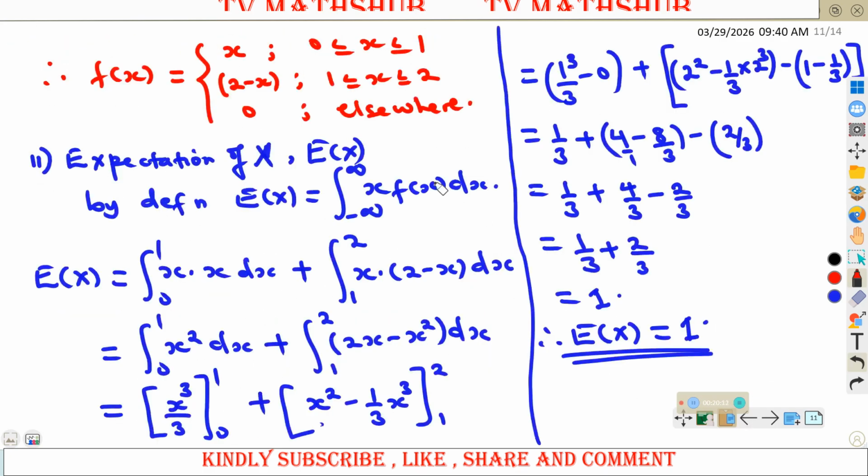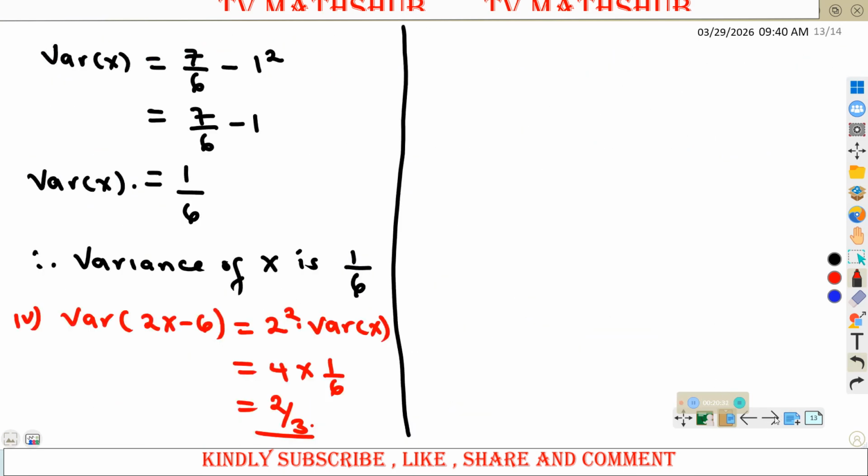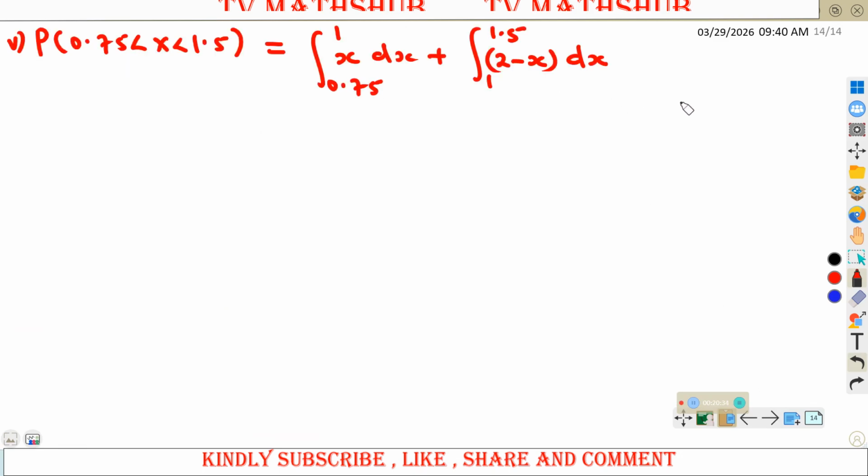So from here, you realize 0.75 lies here, but of course from 0.75 to 1, the function is x. Then from 1 to 1.5, the function is 2 minus x. So you must consider the respective functions. So I shall now integrate this and get the answer.